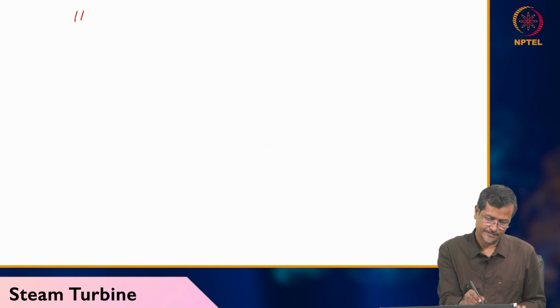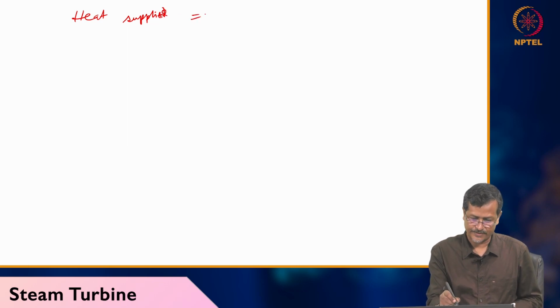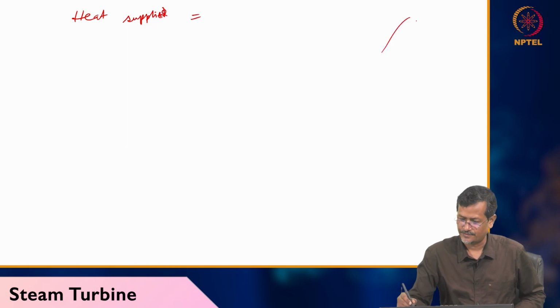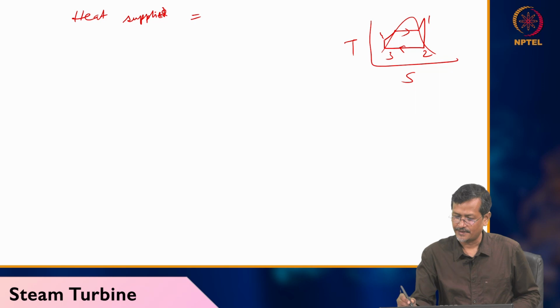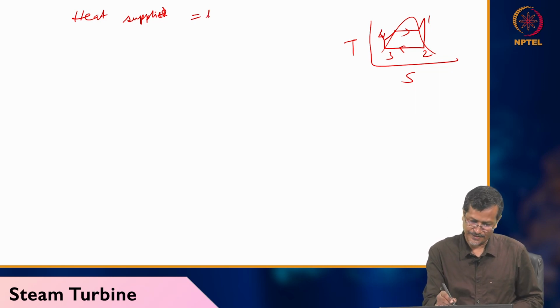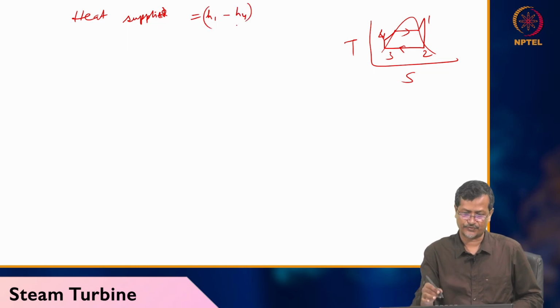So heat supplied, again TS diagram you have to draw. 1, 2, 3, 4. Okay, so heat supplied means 4 to 1. So H1 minus H4, because H1 will have more energy than H4.